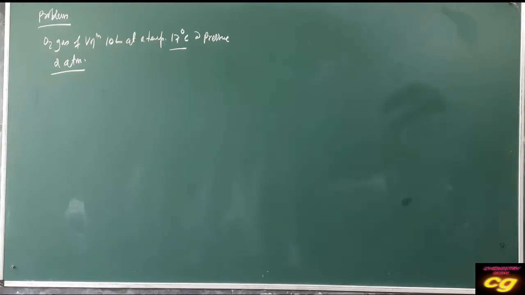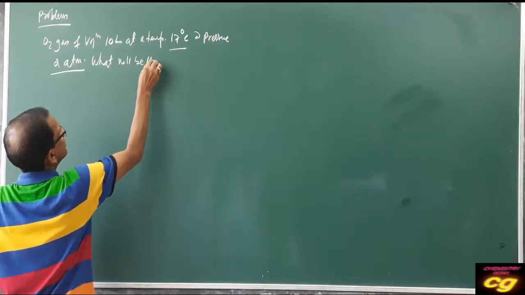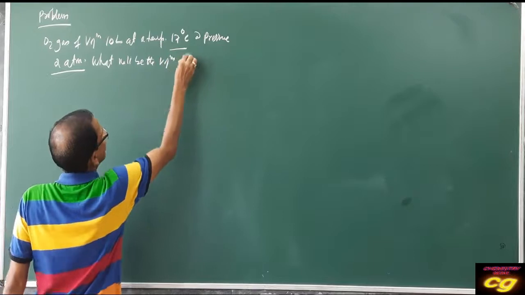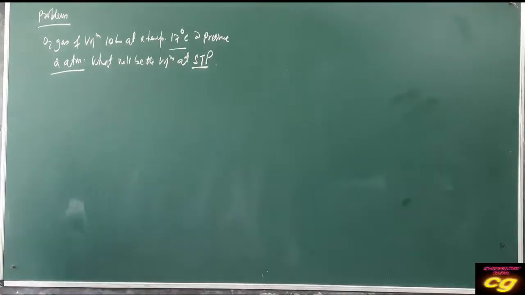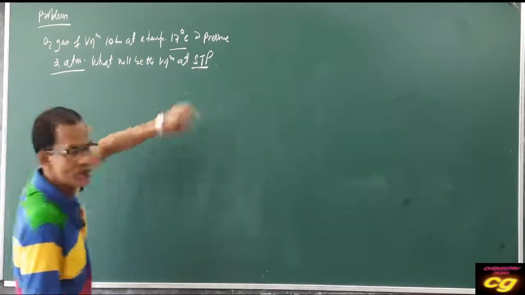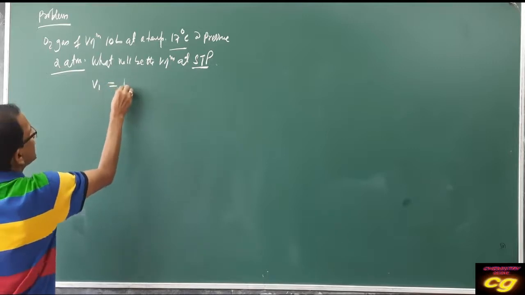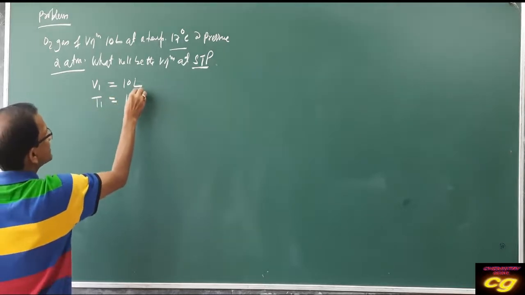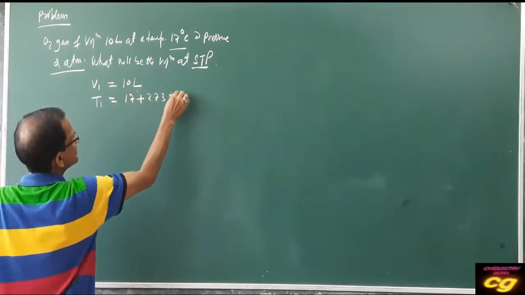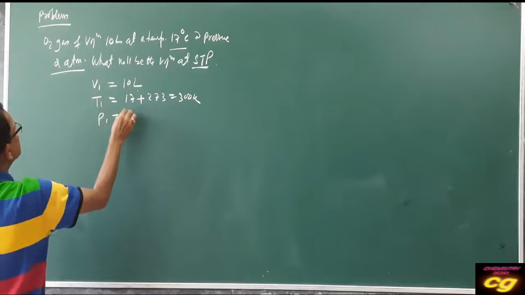The question is, what will be the volume at STP? Here V1 is given as 10 liter. T1 is 17 degrees Celsius, meaning 17 plus 273, which is 290 K. Pressure P1 is 2 atm.